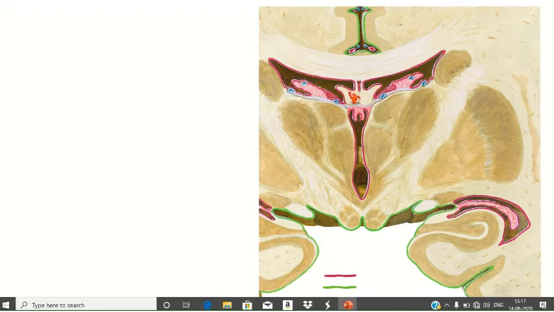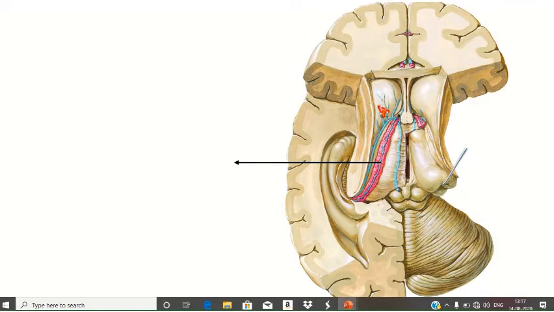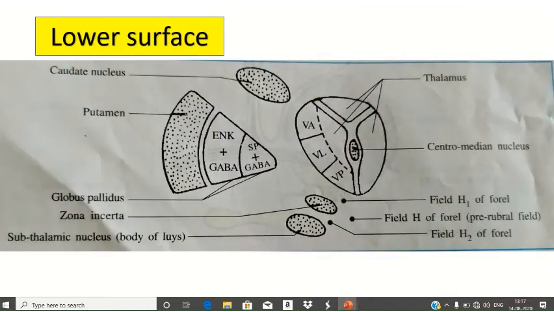And the structure present here is the tela choroidea of the third ventricle. That is about the superior surface, lateral area and the medial area. Here you can see the tela choroidea and the thalamostriate vein as well.